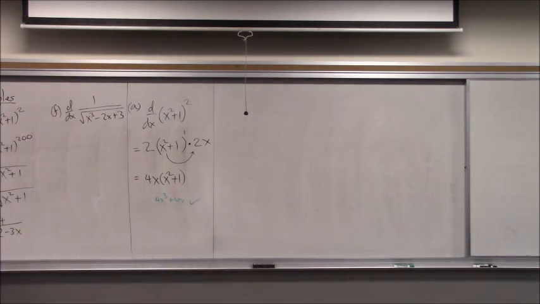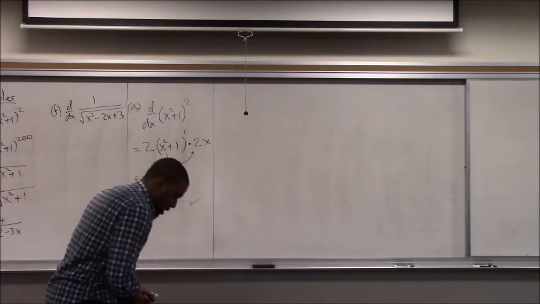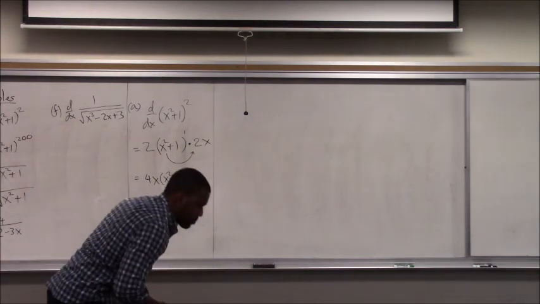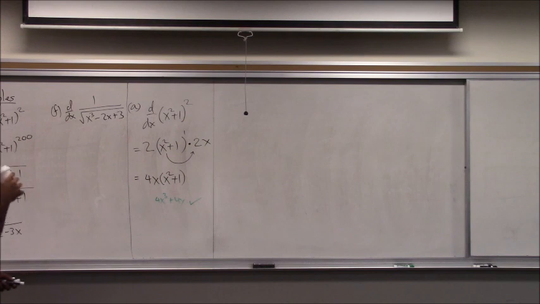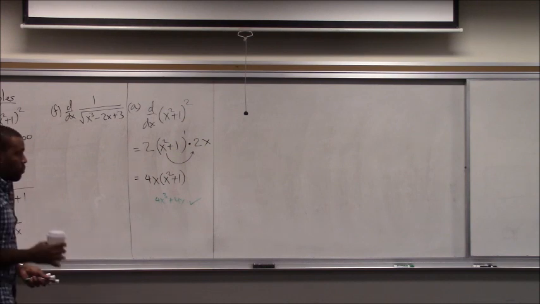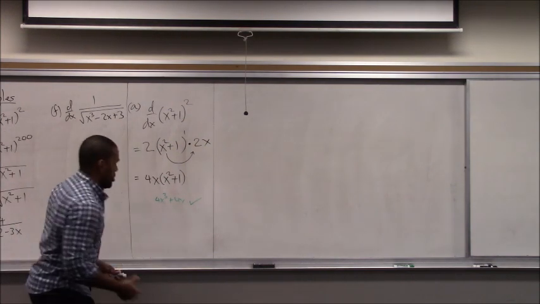I threw this example in just for you to have some confidence that what I'm telling you is the truth, because we didn't prove it. So it did work out here, and that's how you do the chain rule.